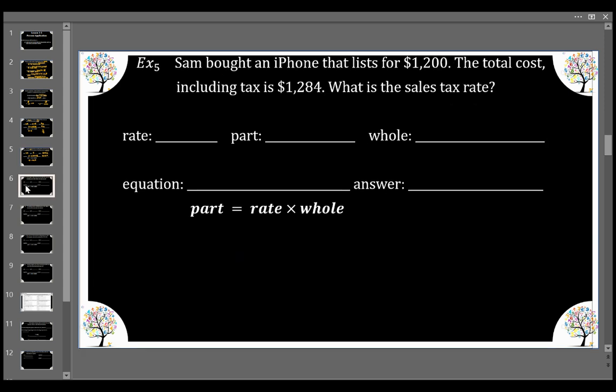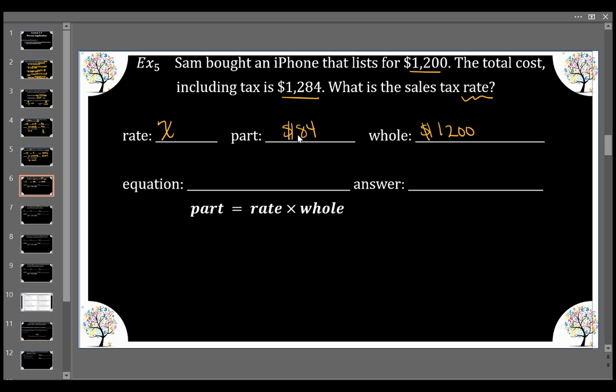Sam bought an iPhone that lists for $1,200. The total final cost, including tax, is $1,284. What is the sales tax rate? So we're looking for the rate. The total of the original phone before having to pay tax is $1,200. $84 is the part that's included in the sales tax itself.